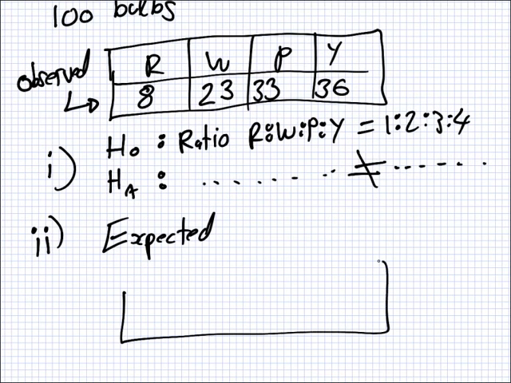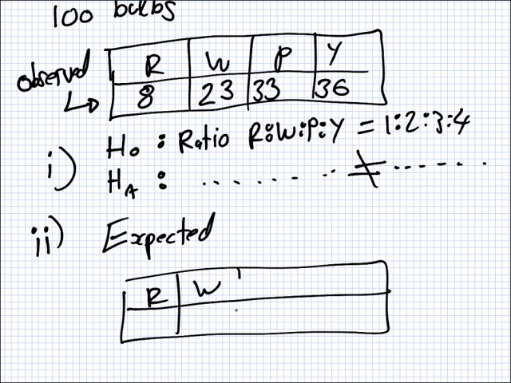Remember that this table represents the observed values, but they want you to calculate the expected values now. So you'll need to draw another table and write down how many you expect of each. I'll remind you that you have 100 bulbs in total, and you expected to get them in the ratio of 1 to 2 to 3 to 4.